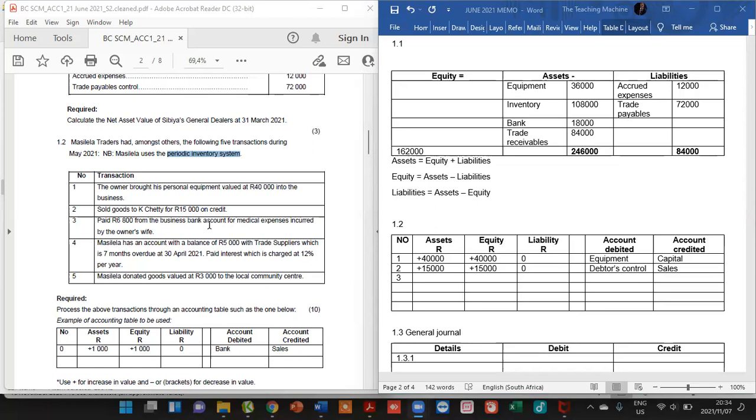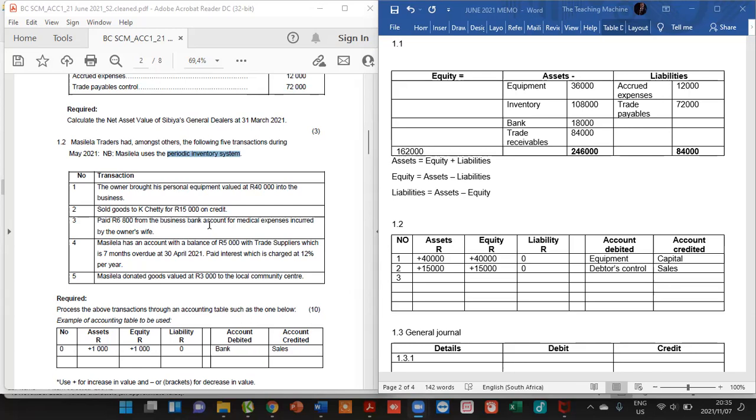It means that you will never sell these goods for 5,000, but you will add 50% before you sell. So what is 50% of 5,000? It is 2,500. So your sales will be how much? 7,500.